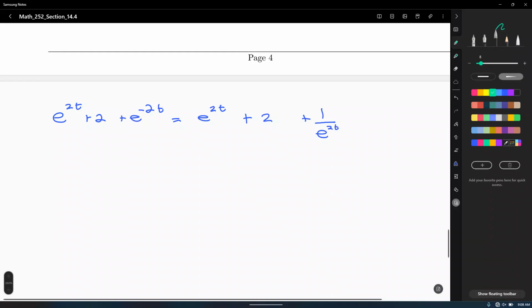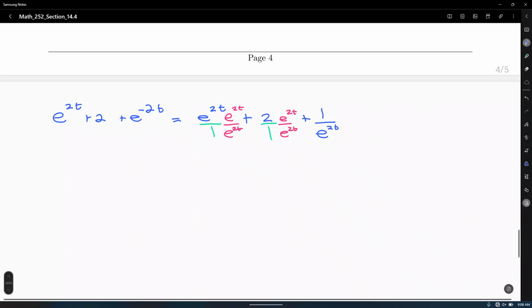Now, think of the first two quantities as quantity over 1, and guess what? We will this time combine fractions together by finding the least common denominator. That is, I would need to multiply by e to the 2t and divide by e to the 2t. Like combining fractions with different denominators.